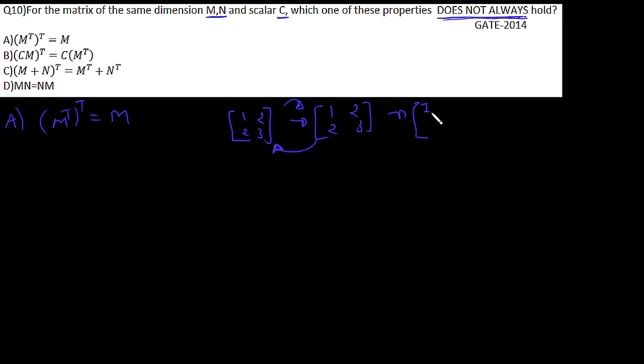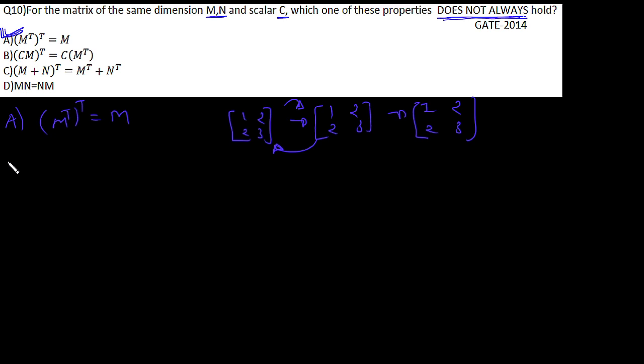For option A, if we take the transpose of the transpose, then we know it's again the same matrix, because in the transpose, let's suppose we have 1 2 2 3, we interchange row and column. Now we take the transpose again, so it is a cycle. If you take the transpose of the transpose, it's again the same matrix. So option A always holds.